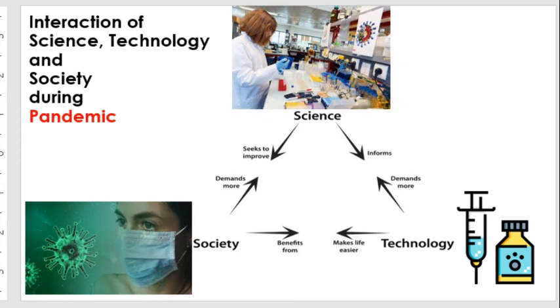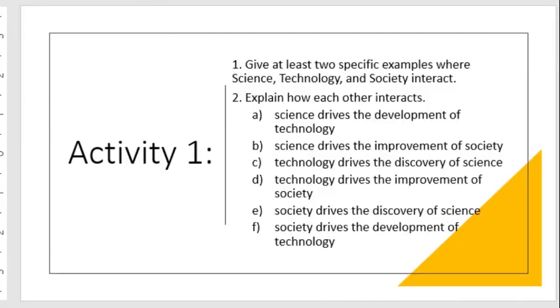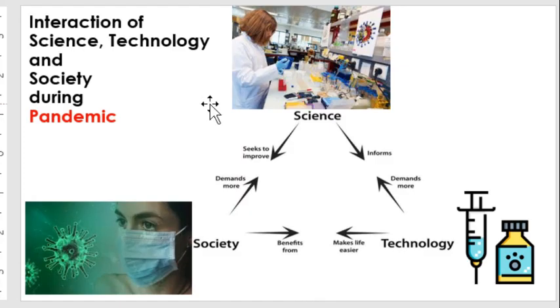So for example, what will be my answer for letter A? Science drives the development of technology. My example of science is the characteristic of the coronavirus. This result of the researchers in finding out the characteristic of the coronavirus informs the technology, the vaccine manufacturers, on what type of vaccine they're going to make.